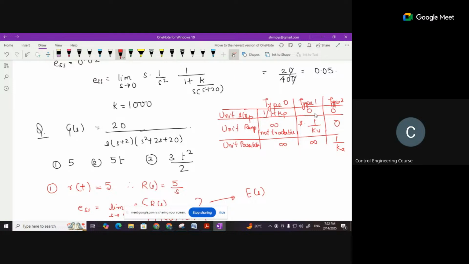And if this is 0 for type 1 system, you try and understand this. If the error is 0, that means you can perfectly track that system. Tracking error is 0 here. You can perfectly track, meaning the output is perfectly following the input. So where the error is 0, you can perfectly track it.